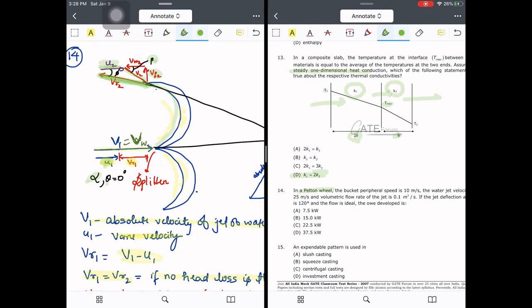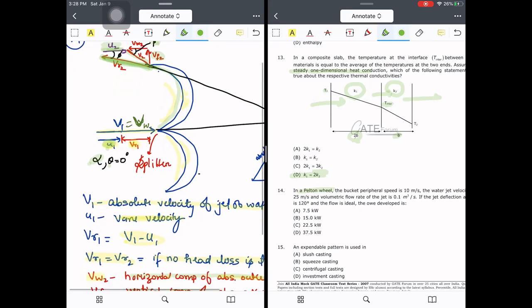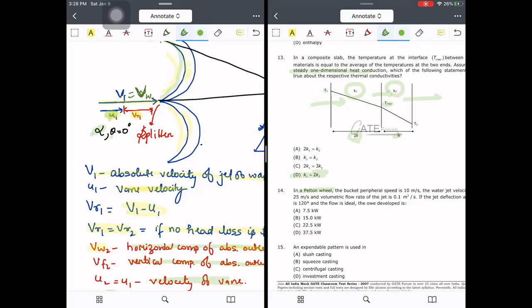So u2 is actually the bucket velocity, which is same as u1. Now vr2 is the relative velocity of the jet at the outlet. So here you will find an angle called phi. Similarly, here if you see, u1 is nothing but my bucket velocity, and with respect to what? With respect to jet is u1, and these two are coincident.